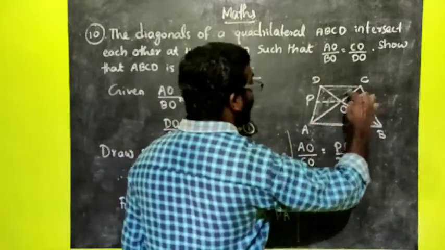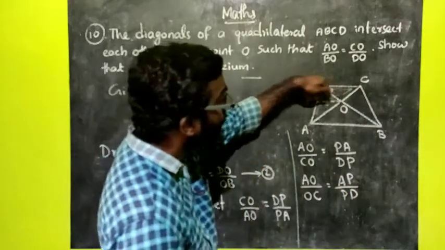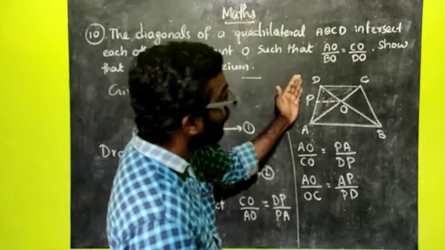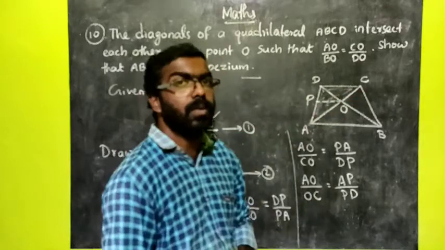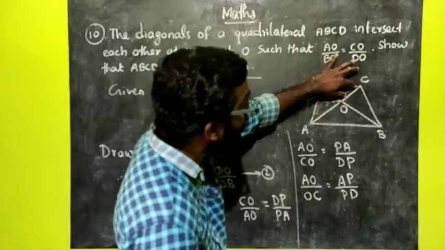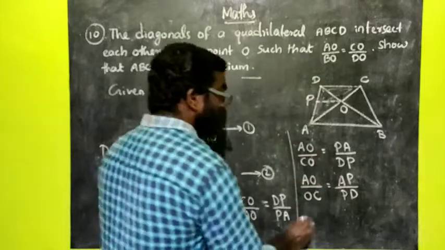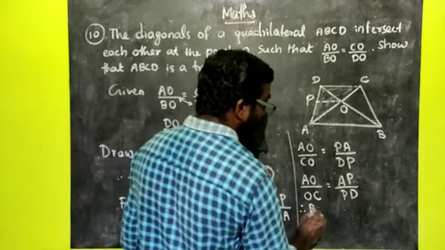AO by OC equal to AP by PD. Okay, that means the line OP divides the sides AD and AC in the same ratio. Okay, once again, AO by OC equal to AP by PD. Clear?